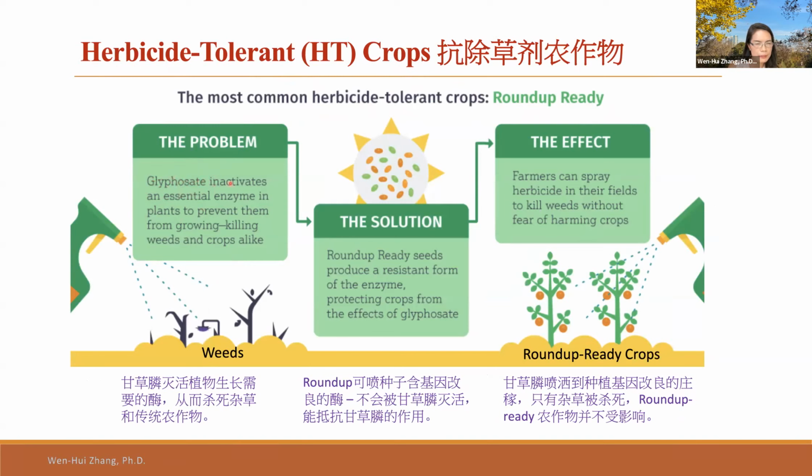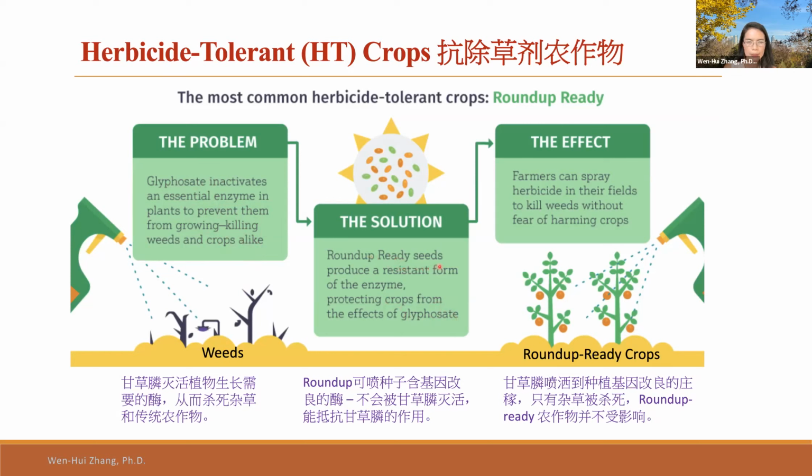Glyphosate inactivates an enzyme in plants, because the enzyme is essential for the plant to grow. And then when we apply the glyphosate, the plant is killed because the enzyme essential for growth is inactivated.